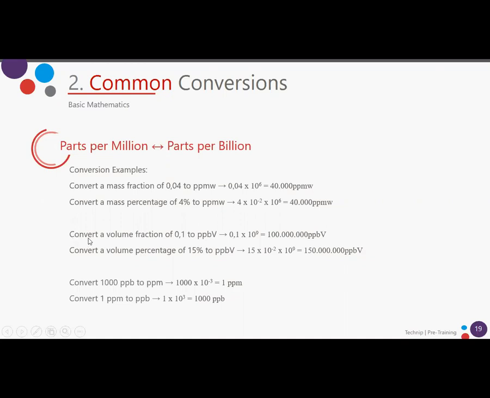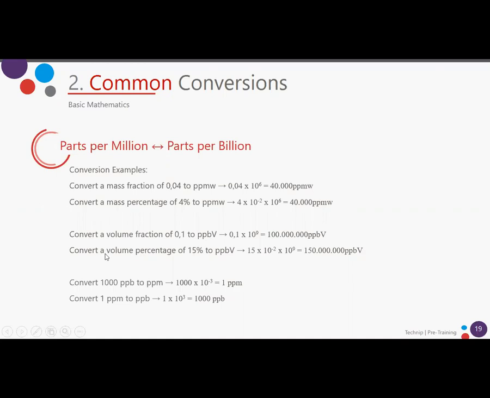Okay, the next example is convert volume fraction. I have a volume fraction of 0.1 and I want to know how many ppb volume I have. So I multiply 0.1 by 10 to the power of 9, which will bring us to 100 million ppb volume.